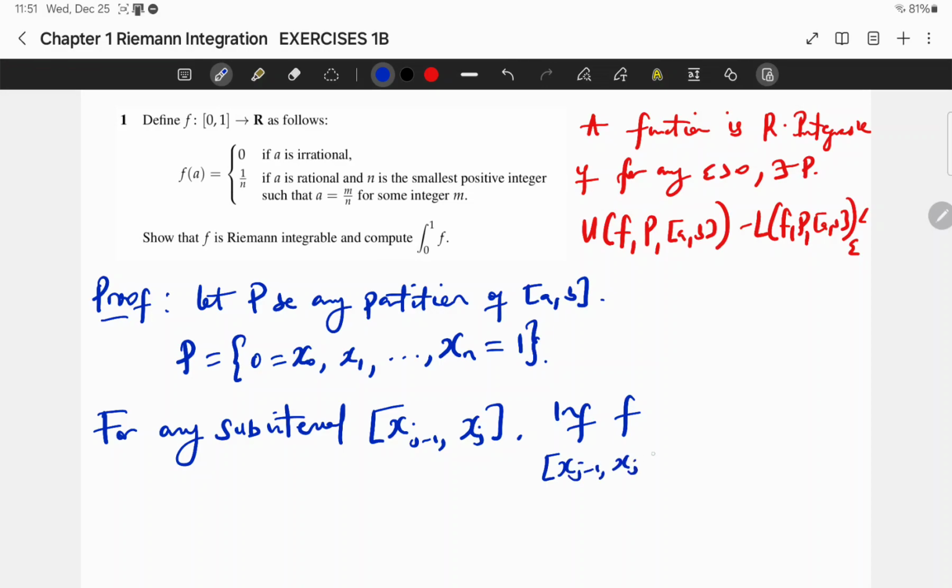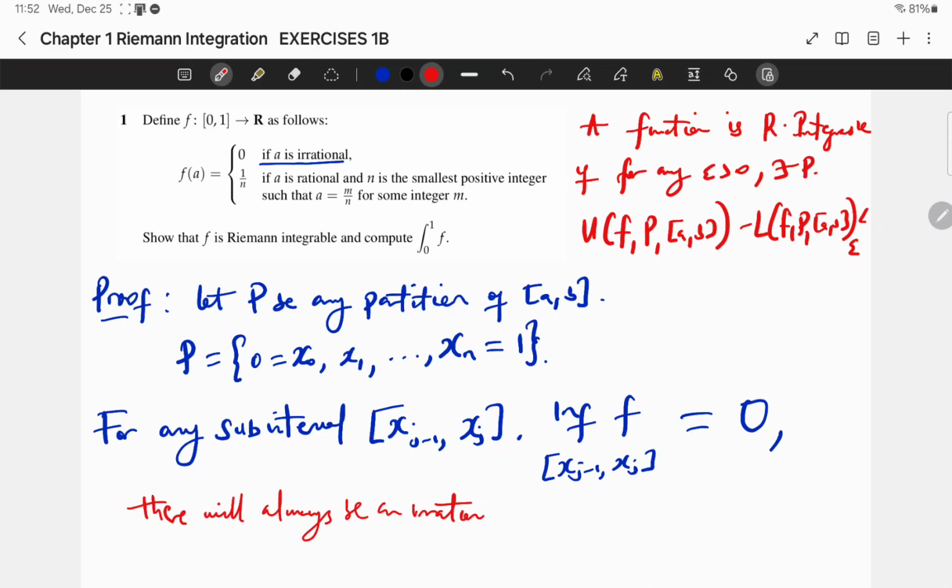every sub-interval will be equal to 0 because the irrationals are dense in 0,1. Why? The reason is that there will always be an irrational in our sub-intervals.